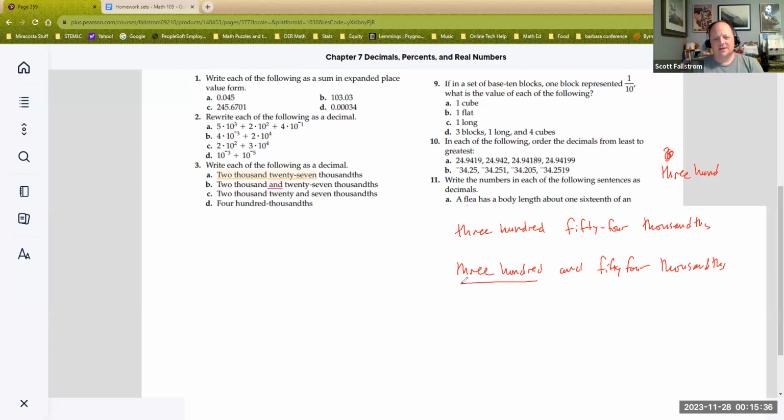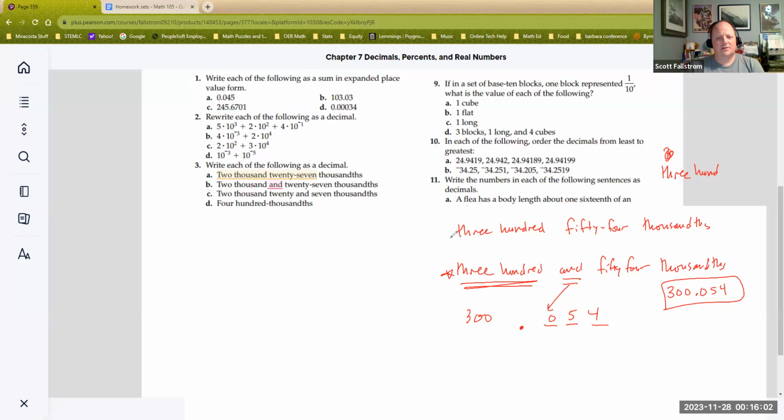So in the second case, 300 and 54 thousandths. So tenths, hundredths, thousandths, and I have 54 of them. So my final answer for this one would be 300 decimal point 054. That's for the second one.